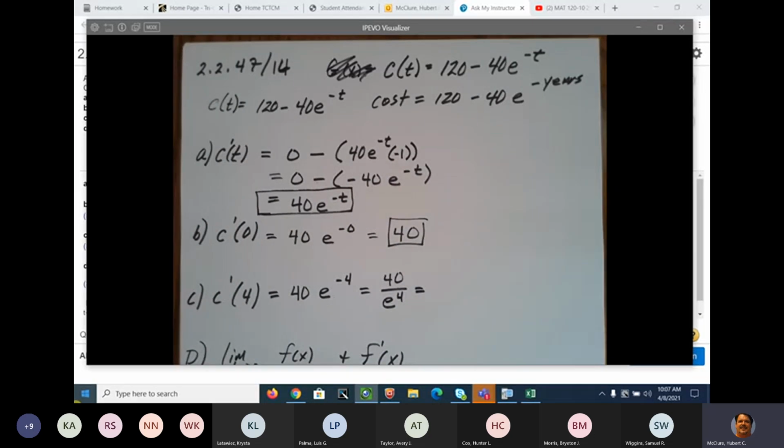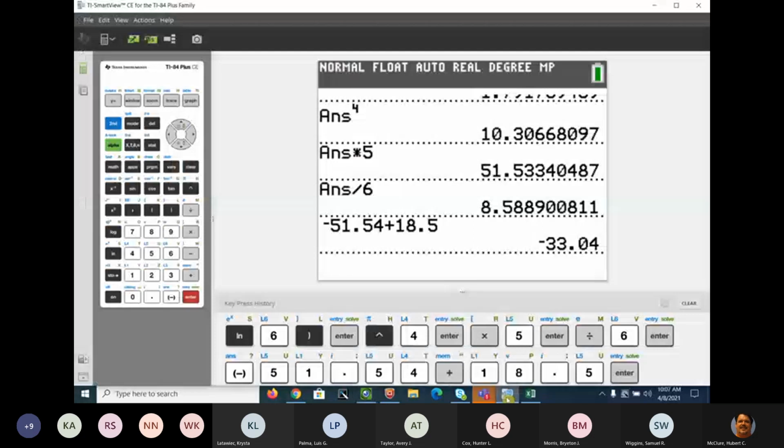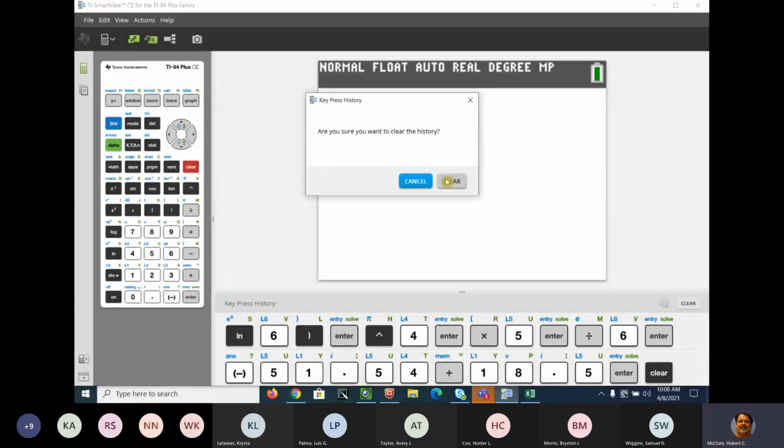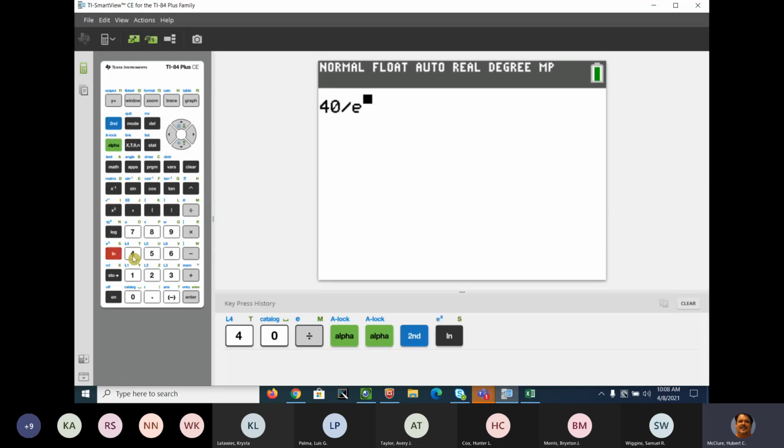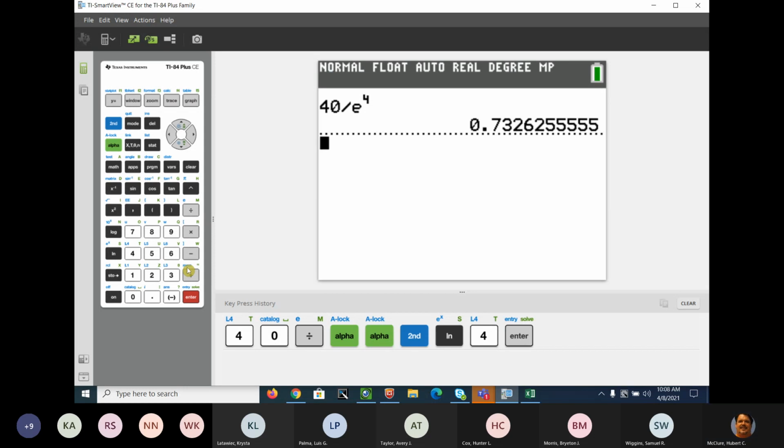I don't know what that is, so let's look and see. 40, let's clear and clear. 40 divided by e to the 4th is 0.7326.